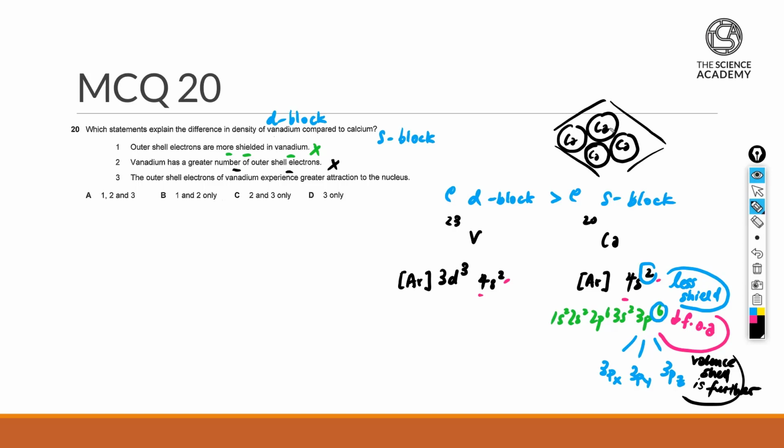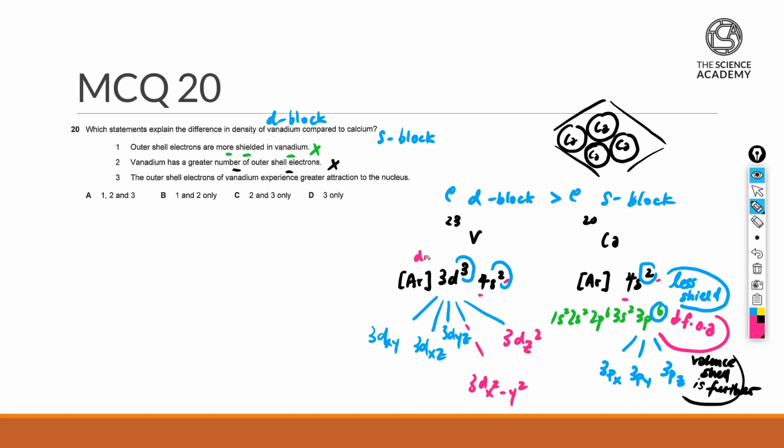But for vanadium, the 4s2 electrons are being shielded by the 3d subshell, and 3d itself has a total of 5 sublevels. You have your 3dxy, 3dxz, 3dyz, and the other sublevels will include 3dx2-y2 and 3dz2.